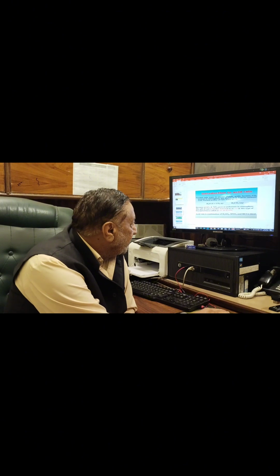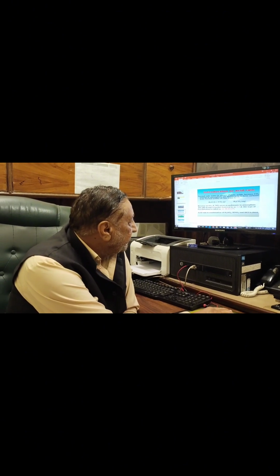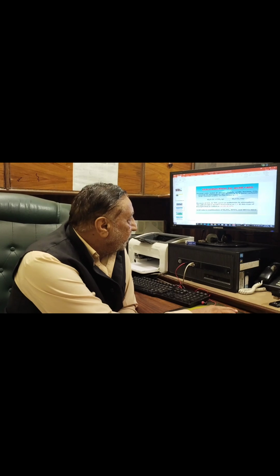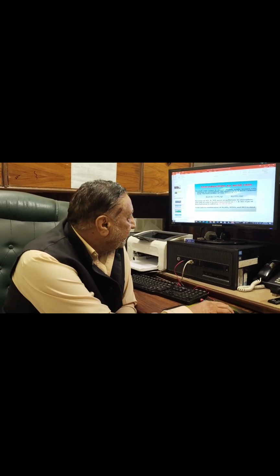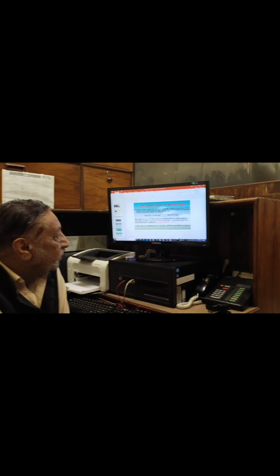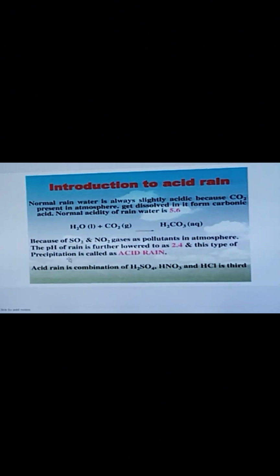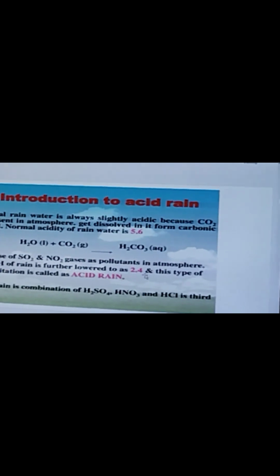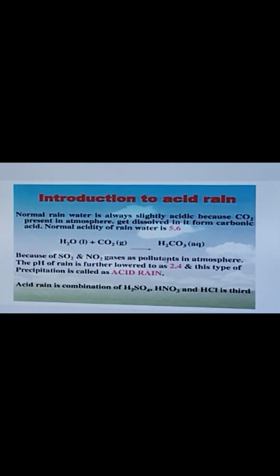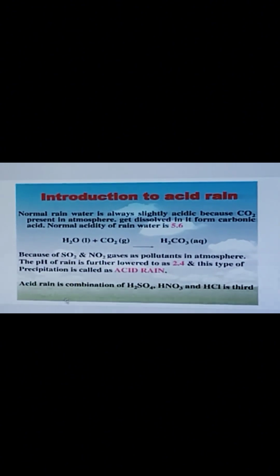This is because of sulfur dioxide and nitrogen oxide gases, which are pollutants in the atmosphere. The pH of the rain is further lowered to 2.4, and this type of rain is called acid rain. So when it is 2.4, and normally it is 5.6, we call it acid rain.